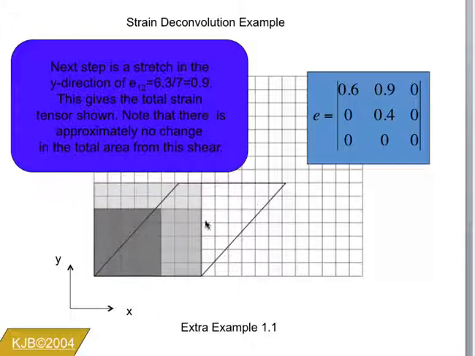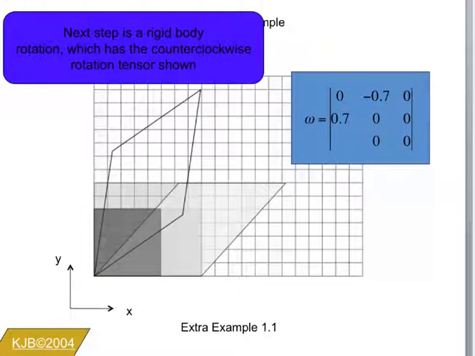Okay, so that's the first strain that we can undergo here. And then if we actually rotate this up to here, right, we could have that initial object undergo a rigid body rotation, right? A rigid body rotation of minus 0.7 and 0.7.